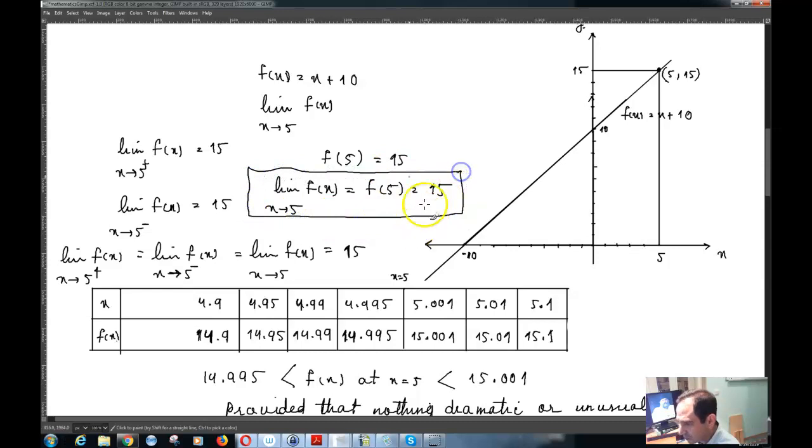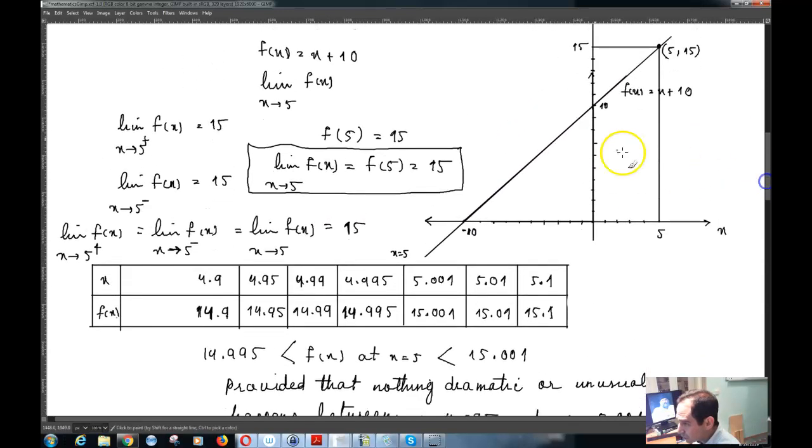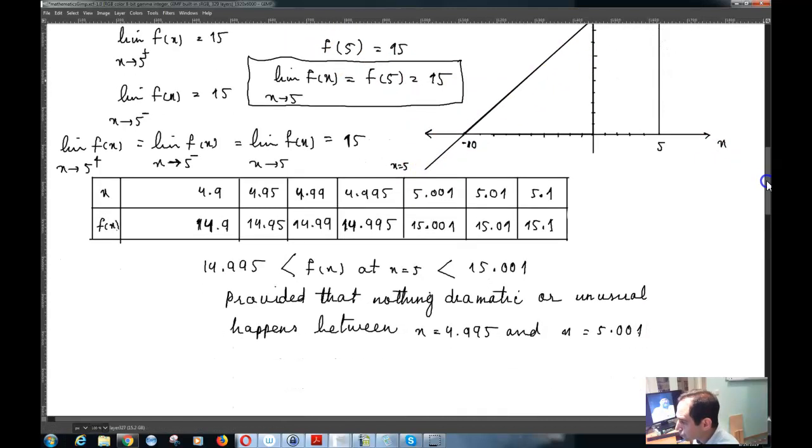That is basically the whole assumption, the whole thing over here. So now this is one complete illustration showing how you go about finding the limit of some function, for example, f of x is equal to x plus 10.